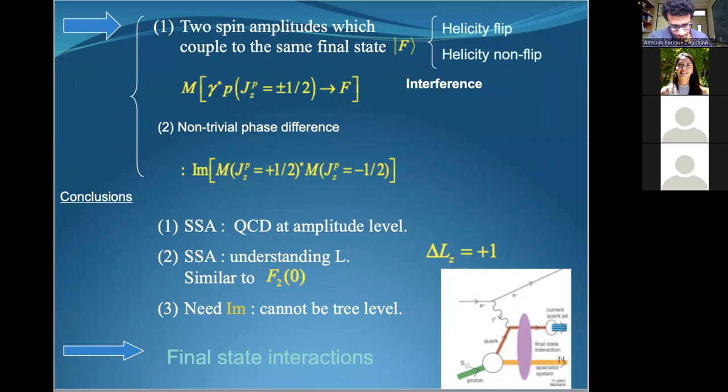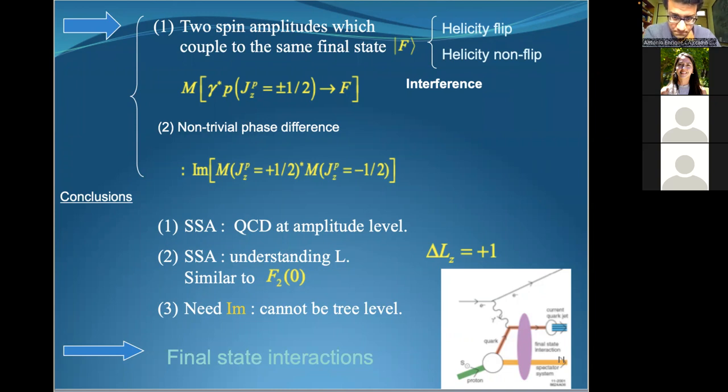So it's clear that this is QCD at the amplitude level, because we are talking about amplitudes. And we need the imaginary part of that. That means it cannot be tree level, because at tree level the imaginary part is going to be zero. So you're going to have what is called final state interaction. The physics of this is that we need the final state interactions of the quark that is interacting in order to explain this type of asymmetry.